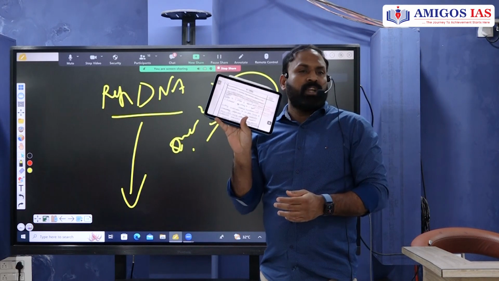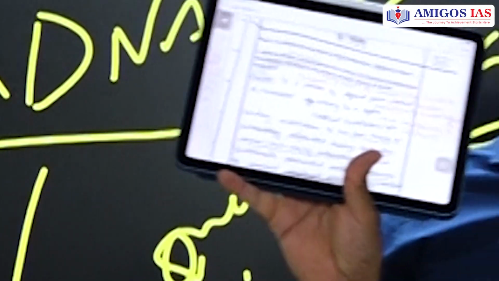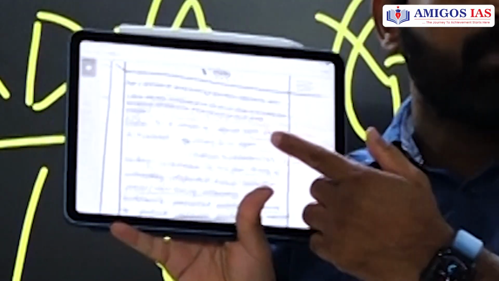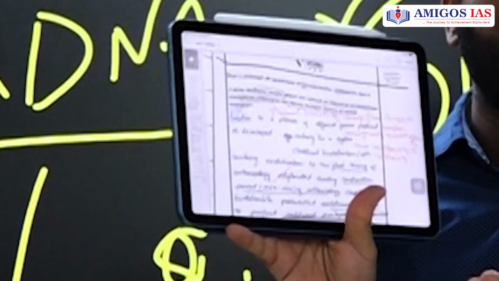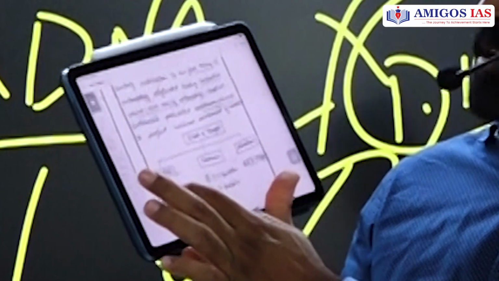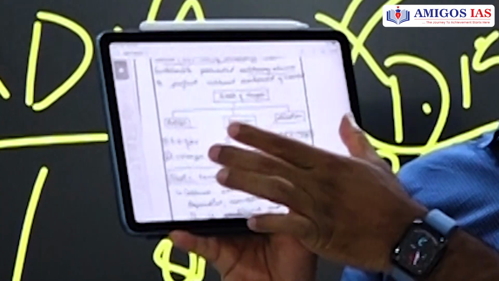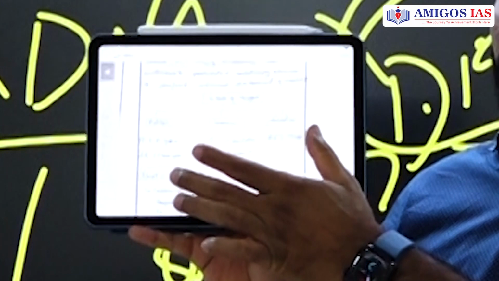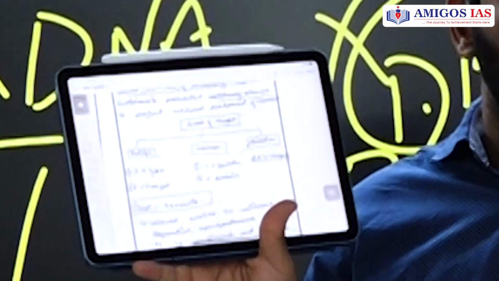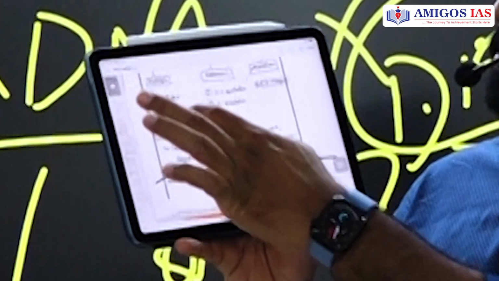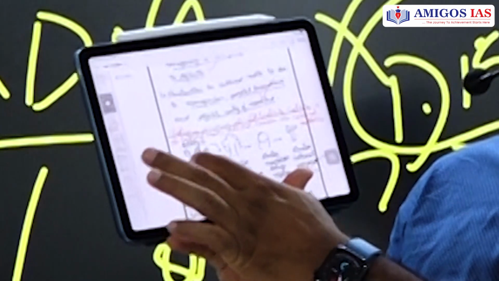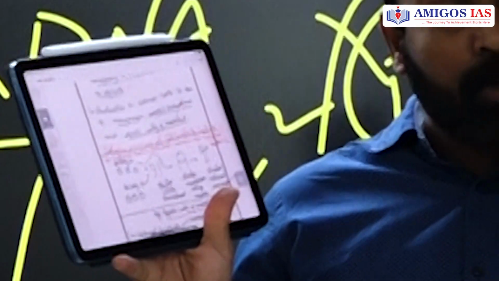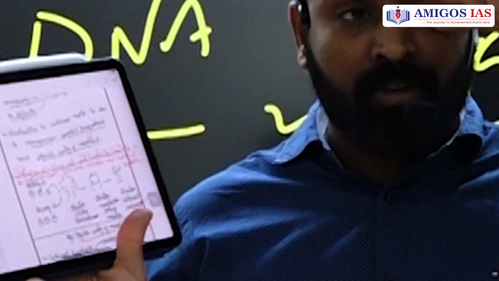Whenever you write inappropriate definitions, in your paper itself I will write the perfect definition. Then, as you go down, up to here, the answer is good. She has drawn a flowchart, different schools of classical evolutionism, very good, appreciated. Then she started about basic tenets, fine.